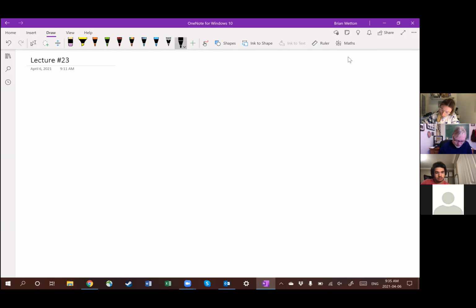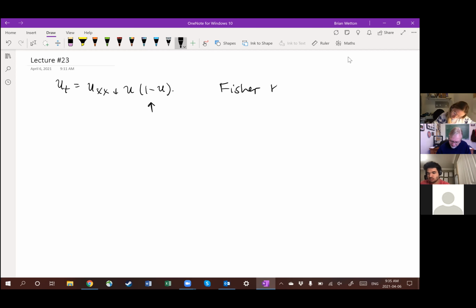Okay, so we were starting to talk about the traveling wave for the Fisher KPP equation. This comes up in a number of applications, but I'll say population dynamics. So remember, this is the Fisher KPP equation.